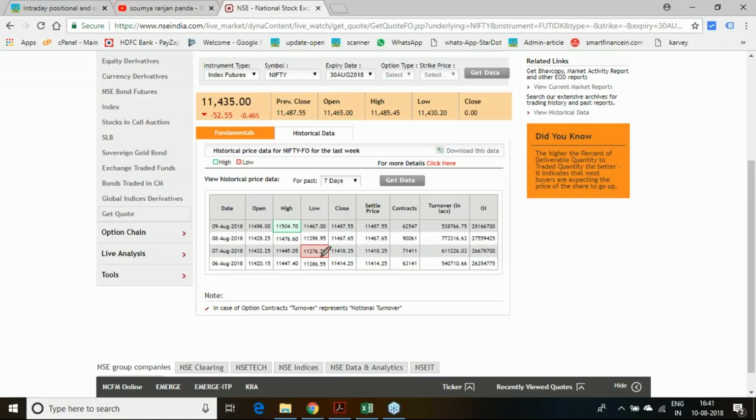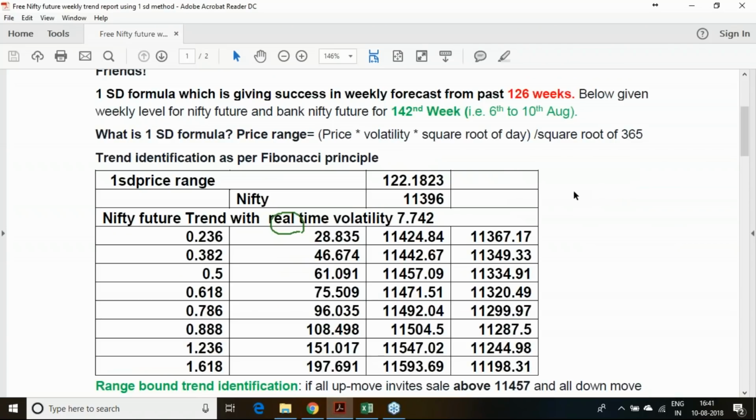If you look into this picture, from 6th to 10th, Nifty made a high of 11,504.7. This is the highest price point for the week. And if you look into the third target, we have calculated 11,504.50. Just a 20 paisa difference between the calculated figure and what actually happened in the Nifty.